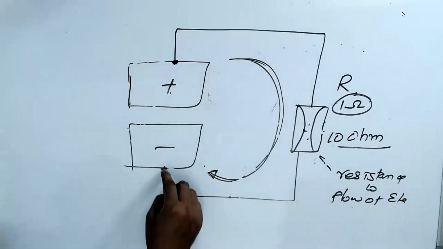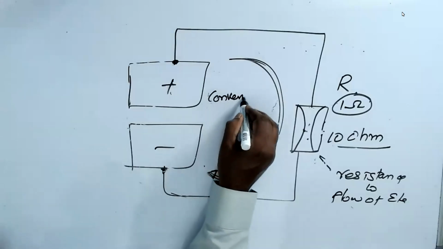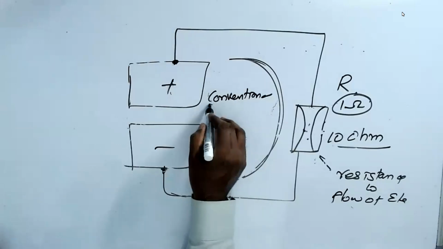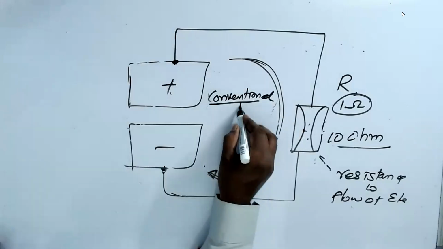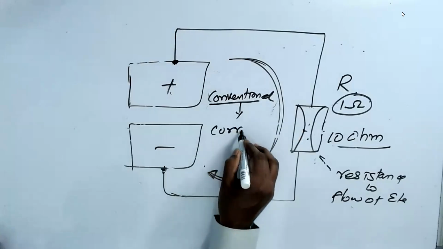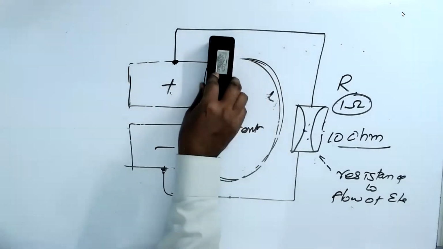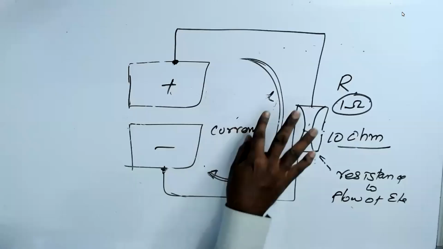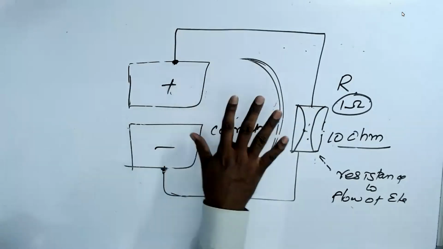The actual electron flows only this way. This is called conventional current. See, the name itself says convention: I follow the convention, you also follow. Slowly it changed into just current, because everything was controlled by the religious people in those days. So please understand this. We will always follow it like this.